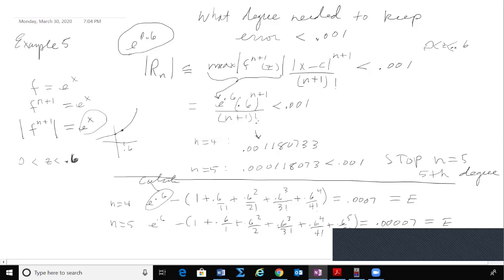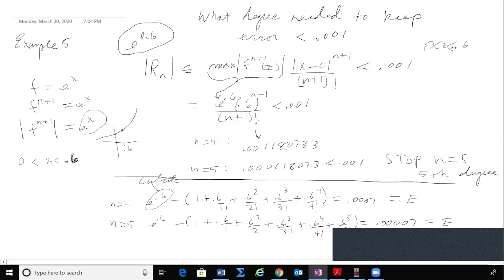You get this number. That's the error of this estimate. That actually is less than 0.001. So we could have used 4, but the theory says use 5. It's a conservative estimate, guaranteed to work. We weren't sure if 4 would work. I tested it for the fun of it.